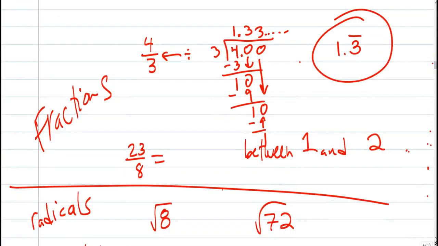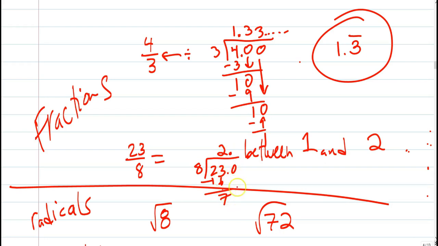What about 23/8? I don't know. Take 23 divided by 8. How many times does 8 go into 23? 8, 16, 24 would be too big. So 8 times 2, take it away, leaves us with 7. I could keep going. 8 into 7. I feel like I need more space here.